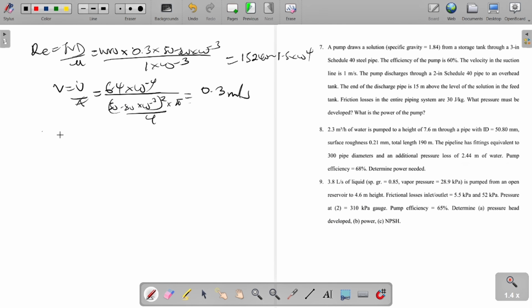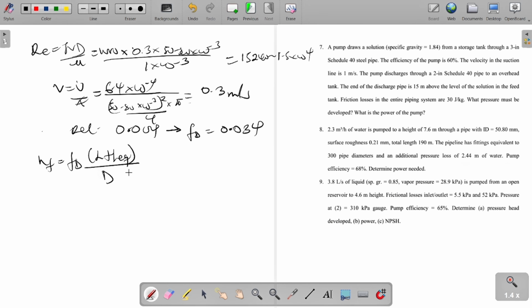Using this Reynolds number and the relative roughness we got, 0.004, from the Moody chart we get a friction factor of 0.034. With this friction factor, we have HF using the Darcy-Weisbach equation, with L plus L equivalent, times V squared on 2.